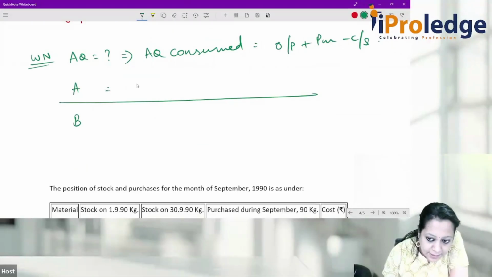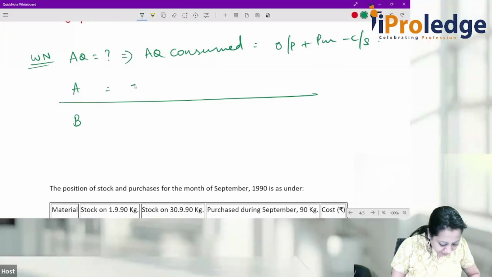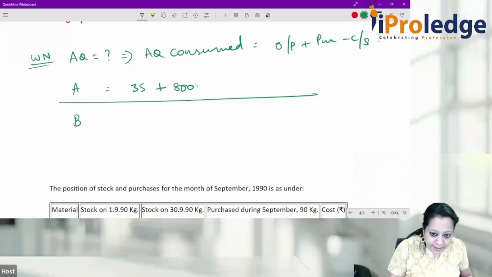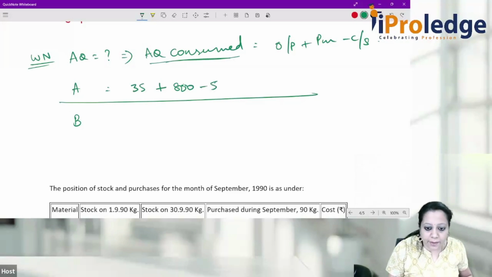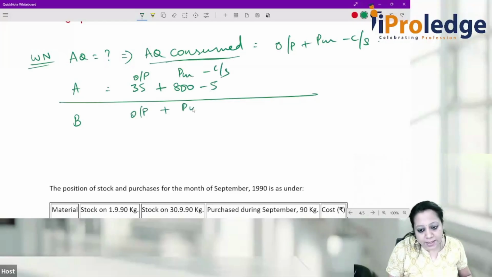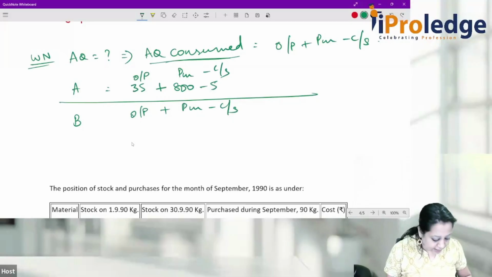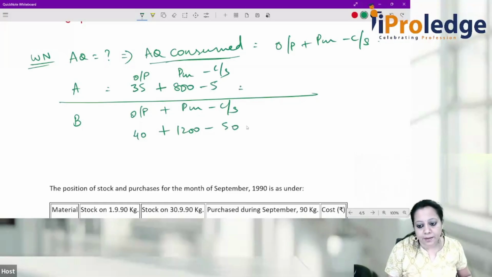So opening is how much? 35 for A. Plus purchases is 800. Okay. Then minus 5. Okay. I'll write on top: opening plus purchase minus closing. Opening plus purchase minus closing. Okay. Next is this, 40 plus 1200 minus 50.